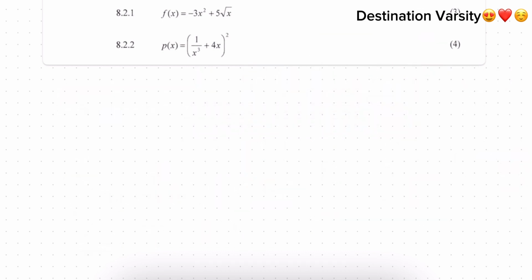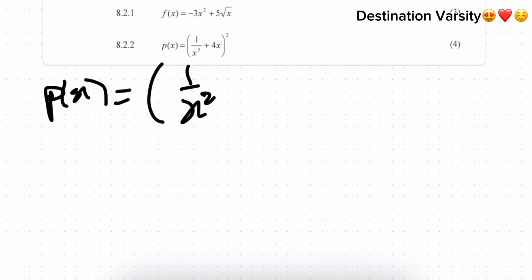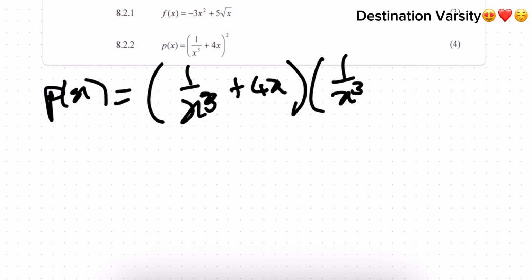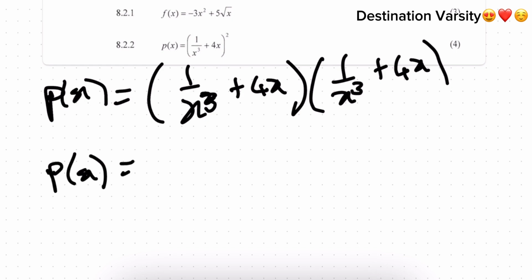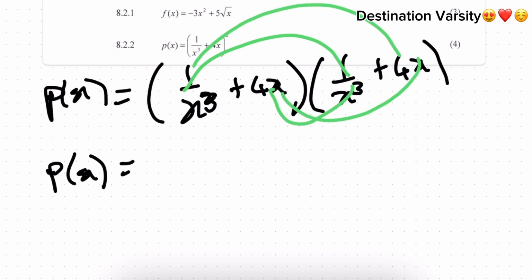According to the high school method, which says things should be in a standard format first, you have 1 over x cubed plus 4x. Then you have p of x being equal to, you take this, multiply here, and this, multiply here.